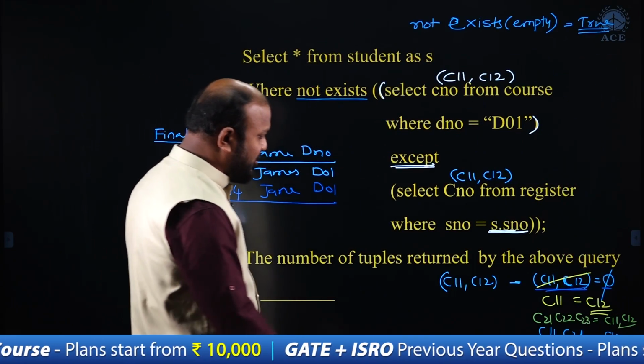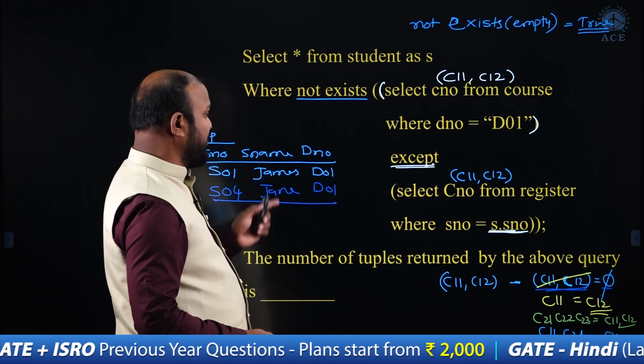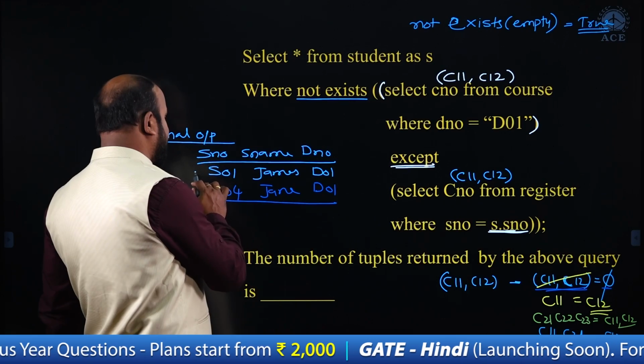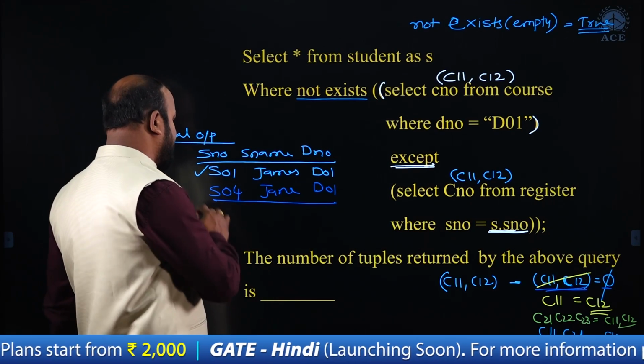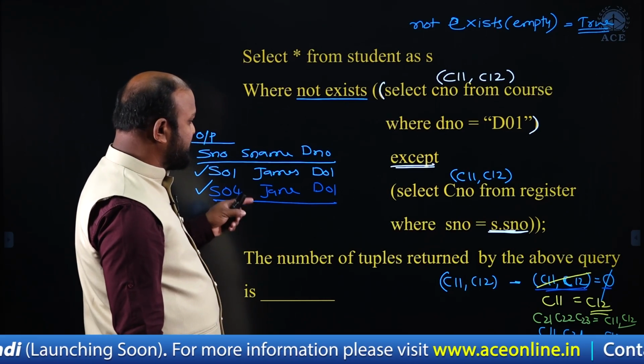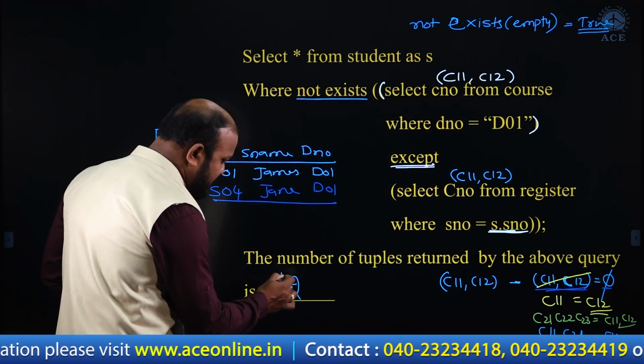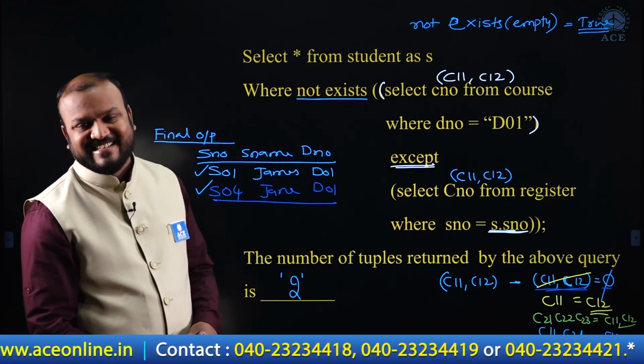Based on the second query output, we have decided which students are going to be in the output. The final output contains S01 James D01 and S04 Jane D01. So the number of rows returned by this query is equal to 2. 2 is the correct answer.